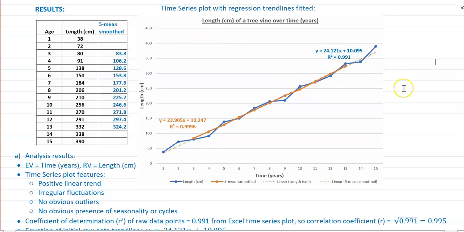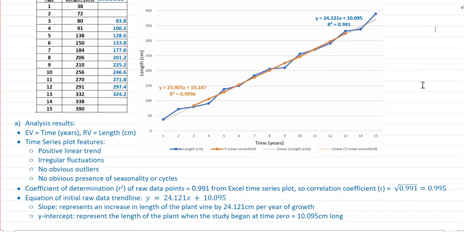I've put across the time series plot with, in blue, the raw data, and in orange, the 5 mean smoothed data that's been plotted. I put both regression lines in, and you can visually see that smoothing effect that's happened.